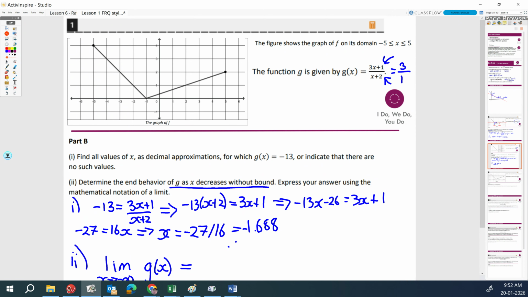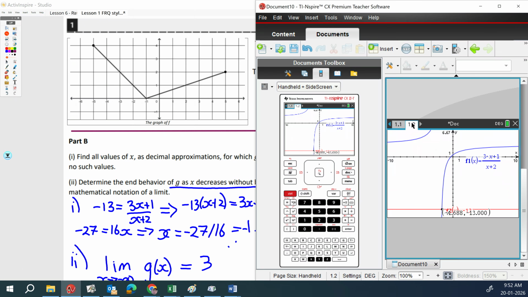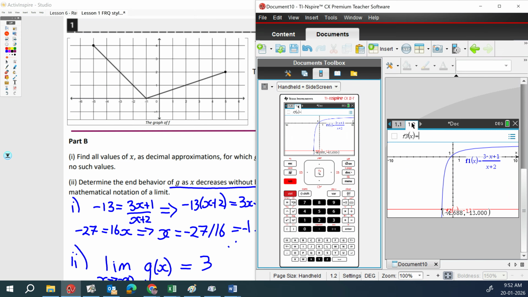So this is 3. Visually, you see it here in this graph. We see it, and we can check it. So I think it's going to be at 3. Put in the line y equals 3, and you can see that asymptote behavior happening there.